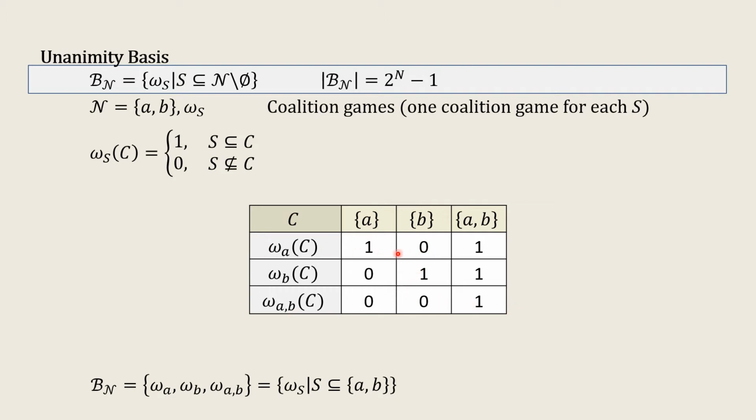So each of these mappings, omega A, omega B, and omega AB, is a basis function, and together they form the unanimity basis. So the unanimity basis of this grand coalition is omega A, omega B, and omega AB.